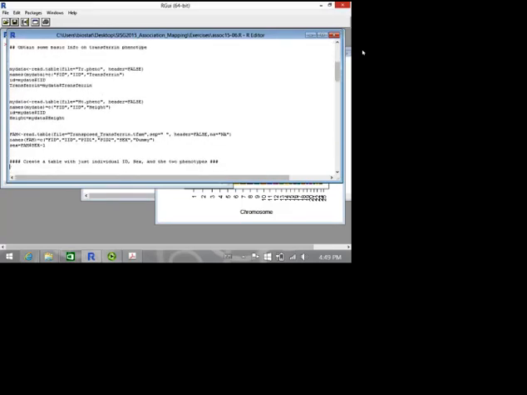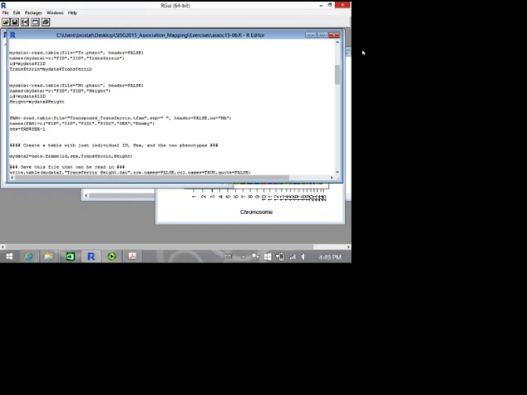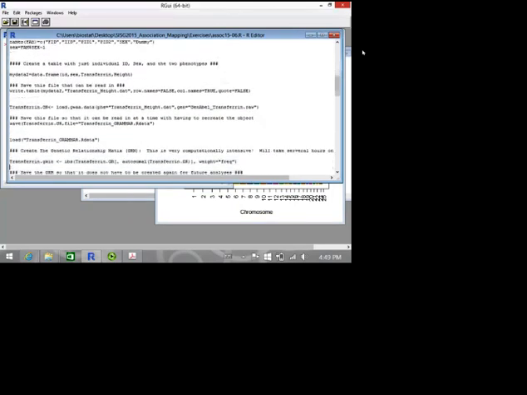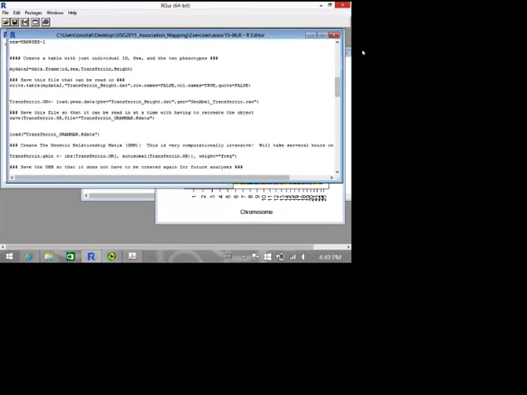You can get some basic information on transferrin, but you guys have already done that in your previous analysis. Then what I did here is I created a phenotype file that I'm going to attach to my transferrin object. Basically, I create a file with individual ID, sex, transferrin, and height.